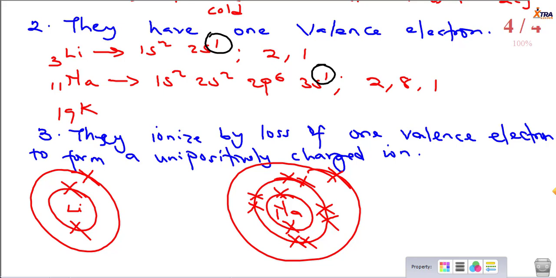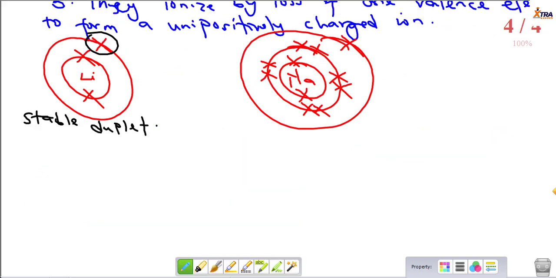Now what do you notice? Lithium can give off this 1 electron to form a stable duplet. Why? Because the first shell needs just 2 electrons to be stable. If lithium loses this electron on its outermost shell, it would have the inner shell left.